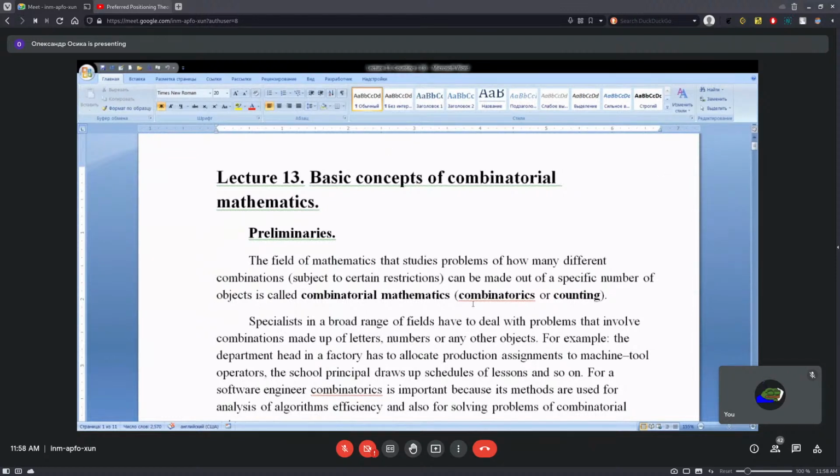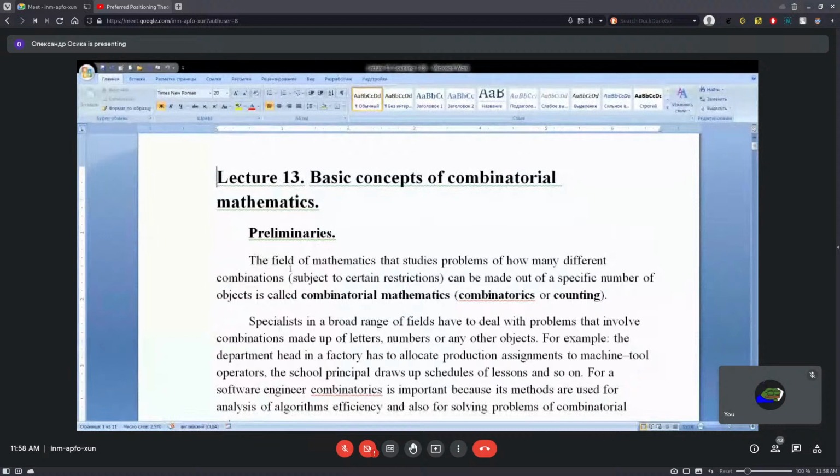Basic concepts of combinatorial mathematics. Preliminaries, introduction.